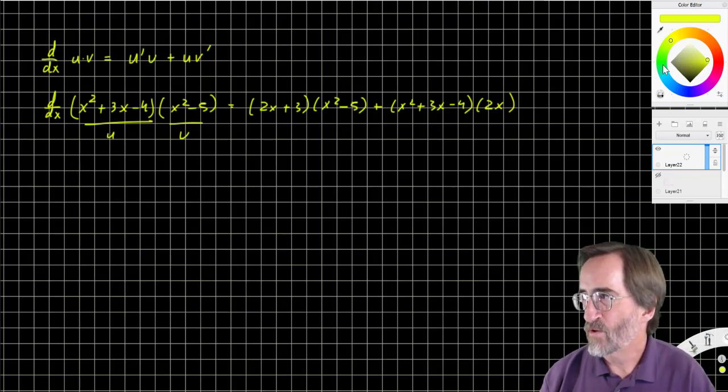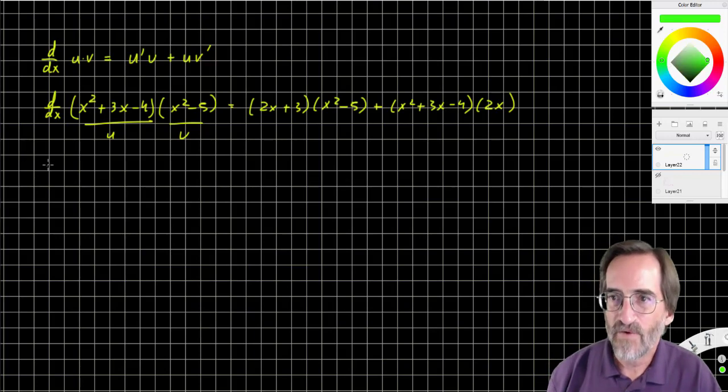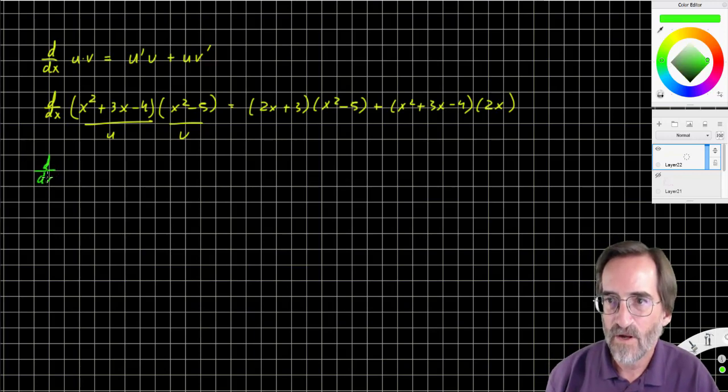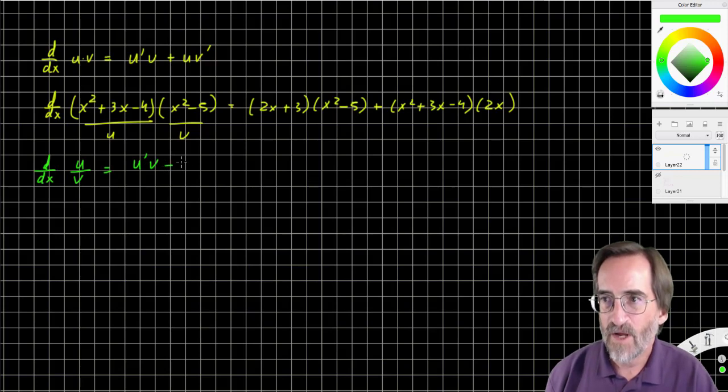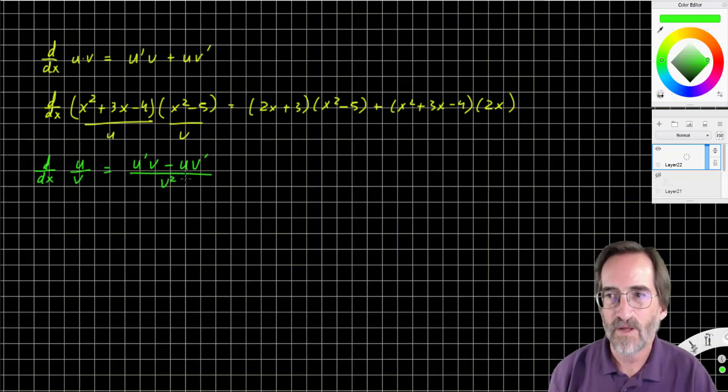The quotient rule looks like this. If I'm taking the derivative of u divided by v, it's the derivative of the top times the bottom, minus the top times the derivative of the bottom, all divided by the bottom squared. Let me give you an example.